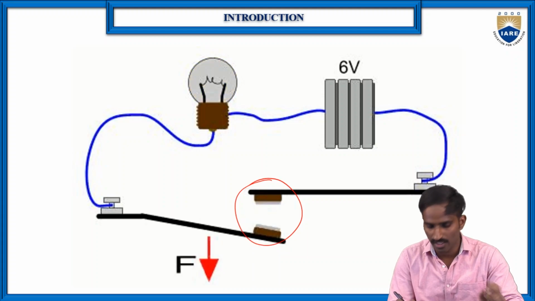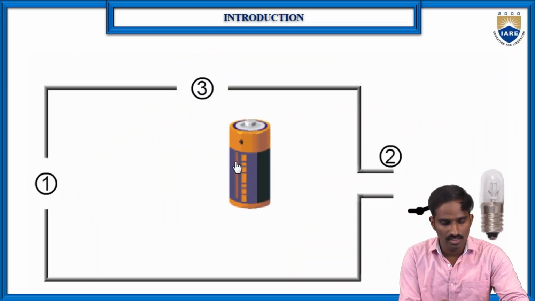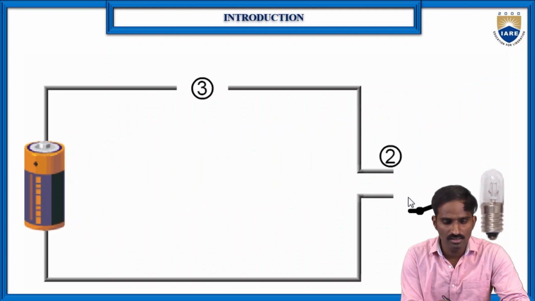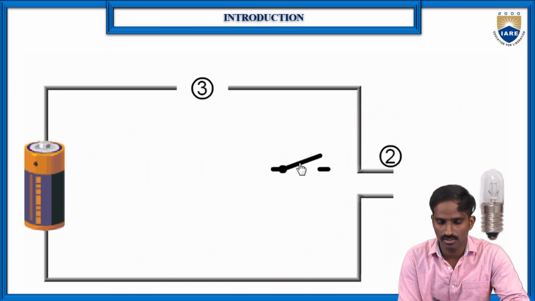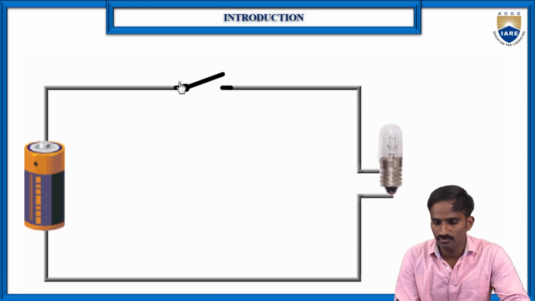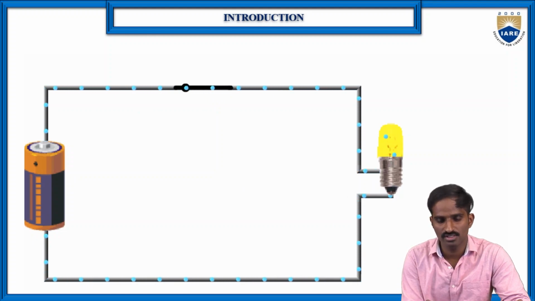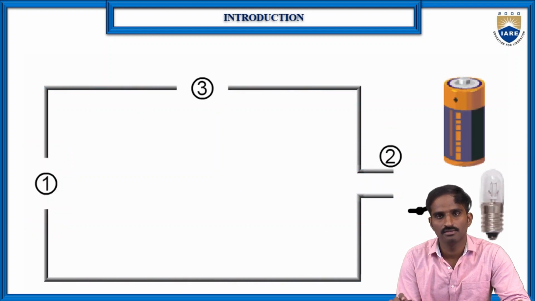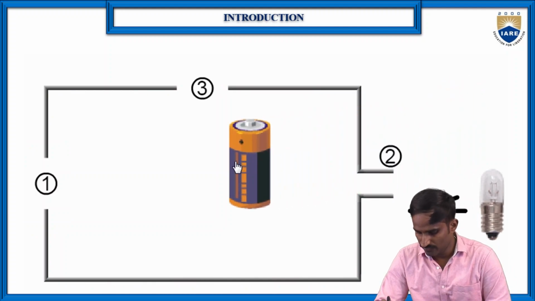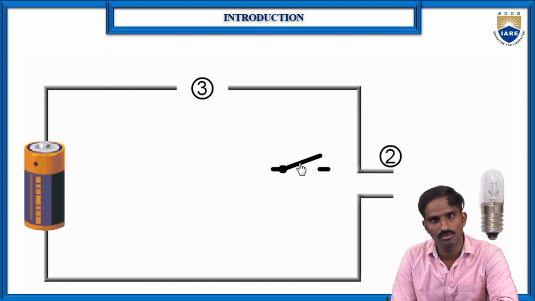Again, in the same example, if you connect a battery, this is the active energy source. If you place a switch, it can make an open or closed circuit. If you connect an active load across these two terminals and turn on the switch, the current will flow, and if you turn it off, the current will not flow, so the bulb will not glow.